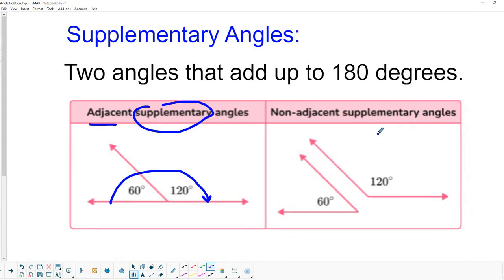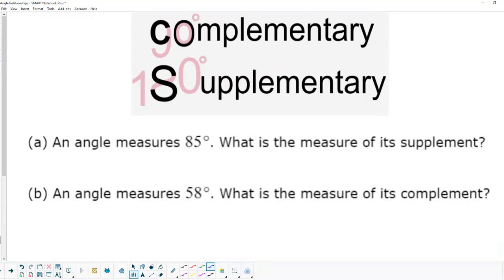Because regardless of whether or not they touch, their two angle measures would be equal to 180 degrees. That's 180. All right, let's move along then.